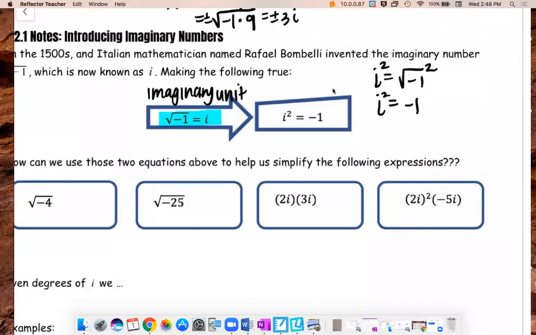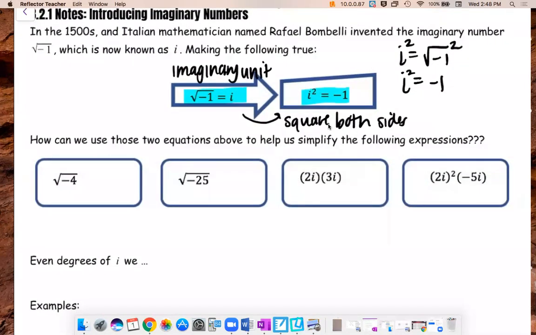So you also get the fact that i squared equals negative 1, just by squaring both sides. These are the two things you need in order to work with imaginary numbers and imaginary units.